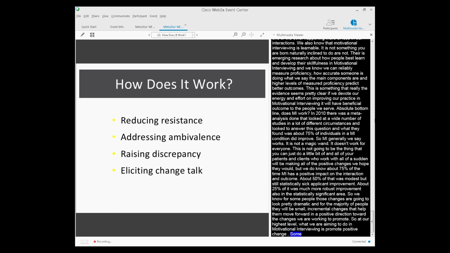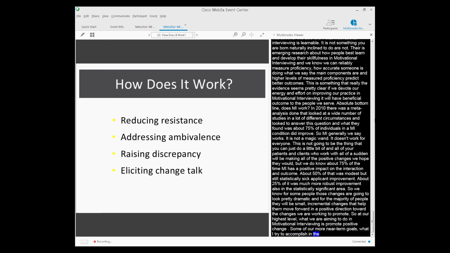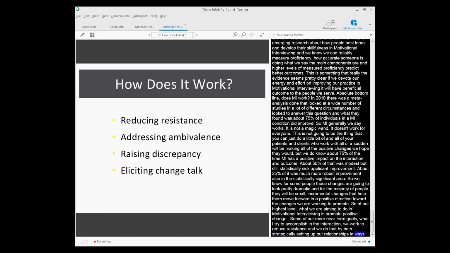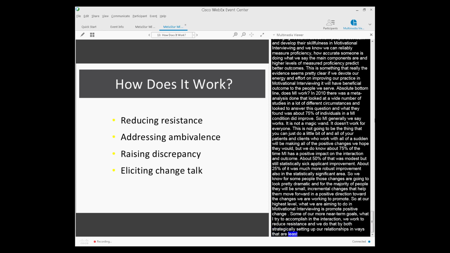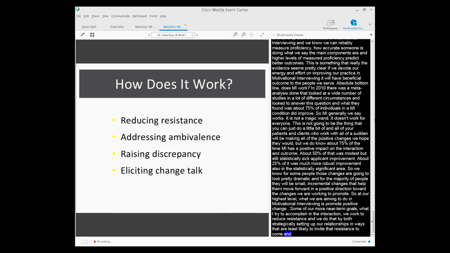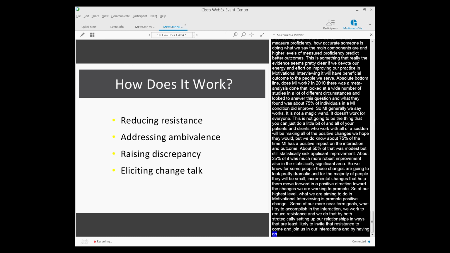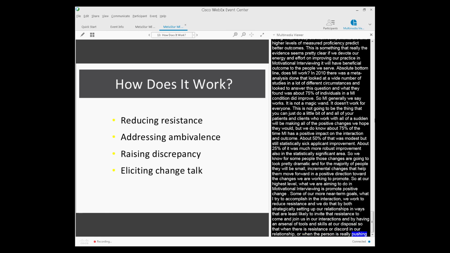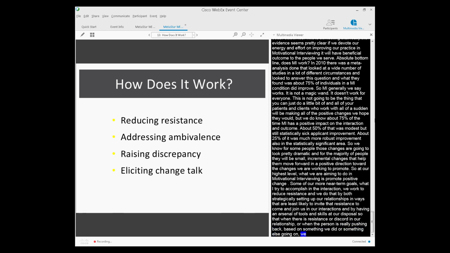One is we work to reduce resistance, and we do that by strategically setting up our relationships in ways that are least likely to invite that resistance to join us in our interactions, and by having an arsenal of tools and skills at our disposal so that when the resistance shows up, when there might be some discord in our relationship, or when the person is really pushing back based on something we did or something else going on, we can work to resolve that resistance quickly.